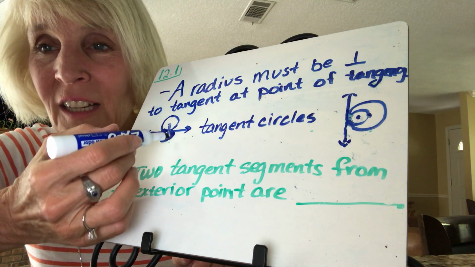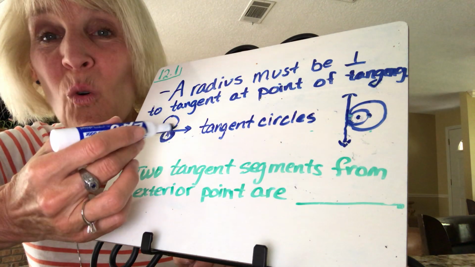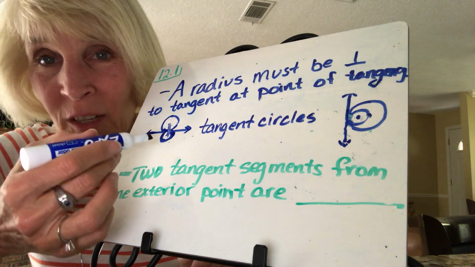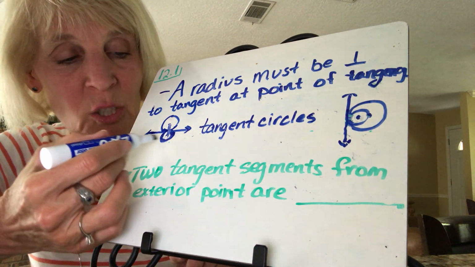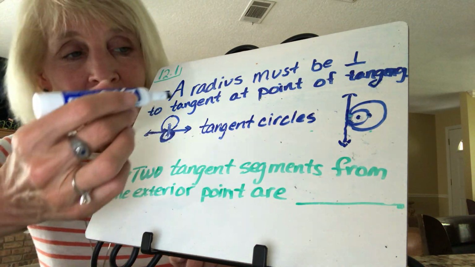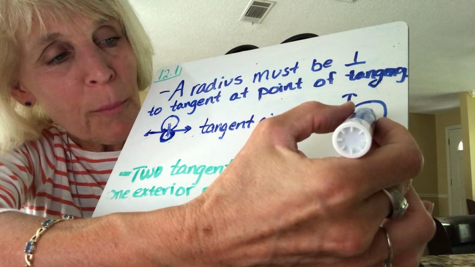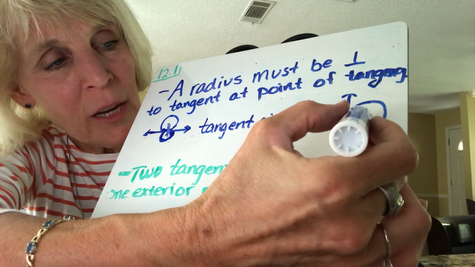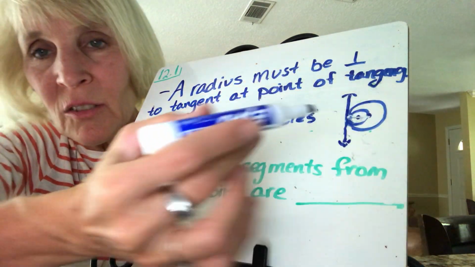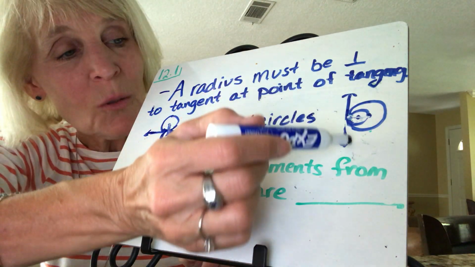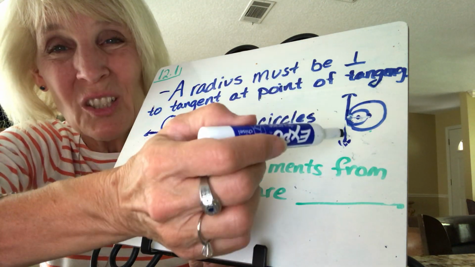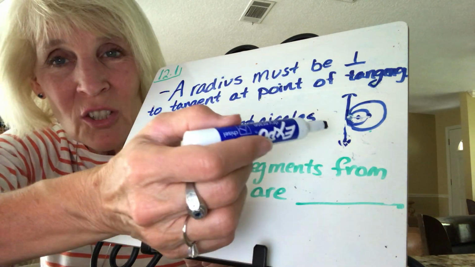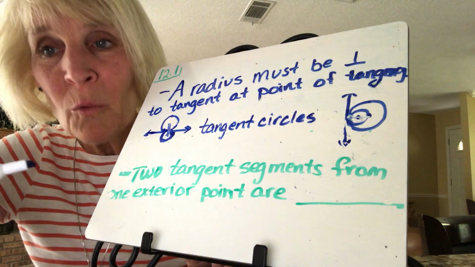Remember, vertical lines have x equals equations. Horizontal lines have y equals equations. So it's really going to be easy. This would be y equals 0. Here, I would just look at what point that went through for my radius, whatever point that is. So let's say it's 5. Then this would be an x equals tangent because it's vertical. So remember, vertical lines are x equals. Horizontal lines are y equals.